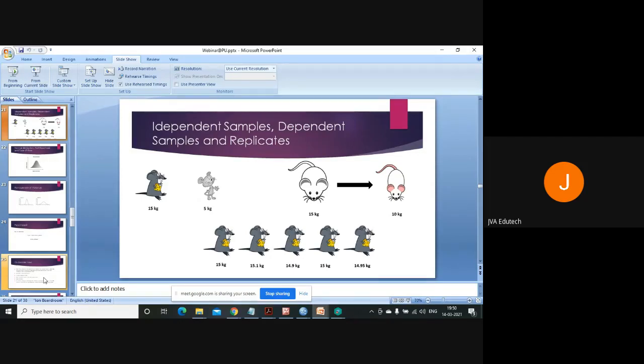Now, though they are rats, their categories differ. One was fed a lot of cheese and weighed 15 kg. Another was fed a normal diet and its weight was 5 kg. They don't have any association, because the characteristics we want to measure are weight and diet, and both differ. So in this case, both are mutually exclusive of each other. So this is a case of independent sample.